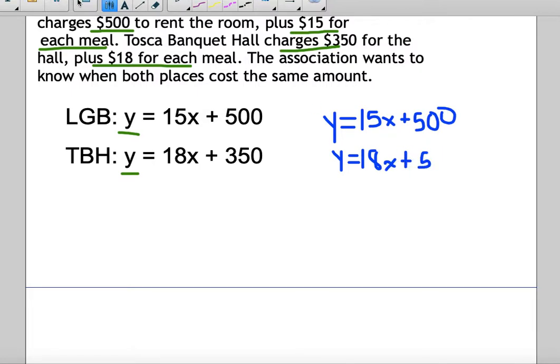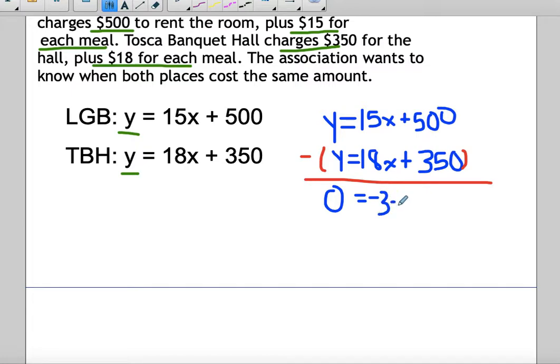Oops, that's 350. $350. So because they're the same, we are going to subtract these equations. So 1 minus 1 is 0. And then we've got 15x minus 18x would be negative 3x. 500 minus 350 would give me positive 150.